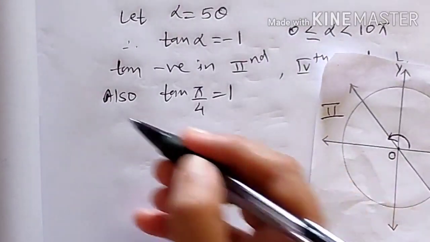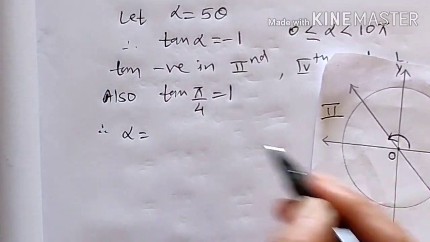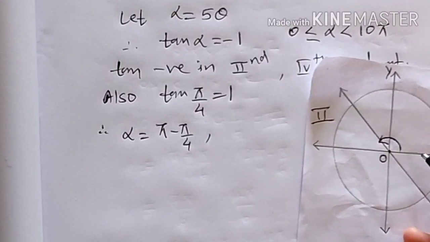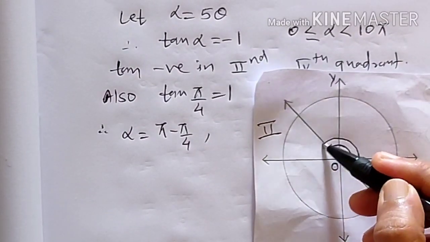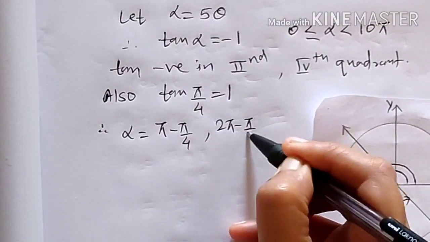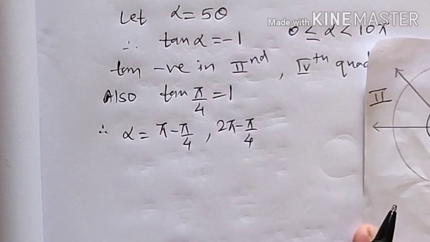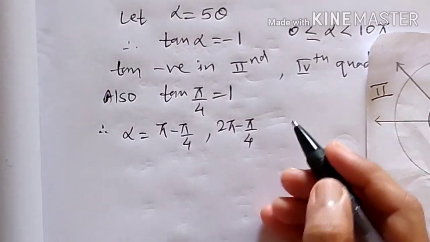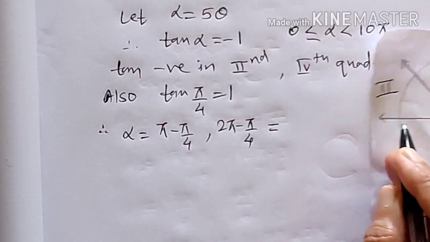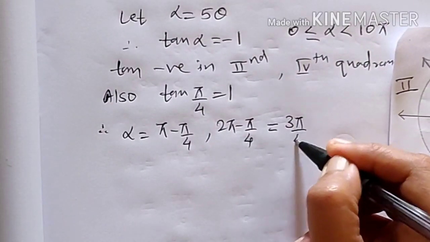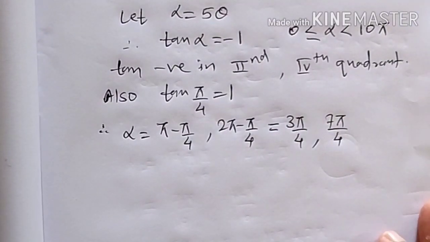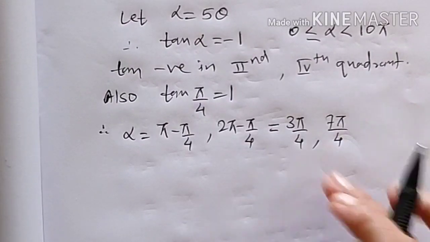Alpha is equal to pi minus pi by 4, or the second possibility is alpha can be 2 pi minus pi by 4. That means alpha can be 3 pi by 4 and 7 pi by 4.